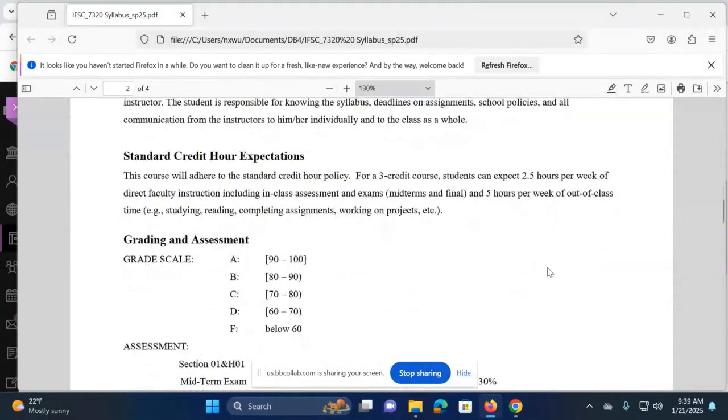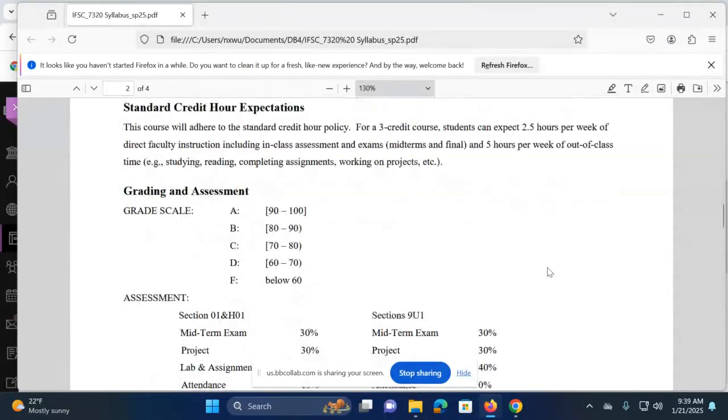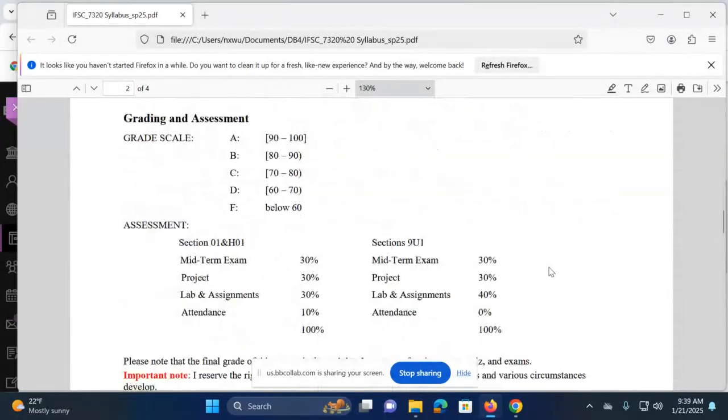Then for the class assessment. Currently in this class we only have one term exam, so we don't have a final. For your final, you're going to spend more time on your project. The midterm exam counts about 30% of your total grade, the project about 30%, and your labs and assignments about another 30%.